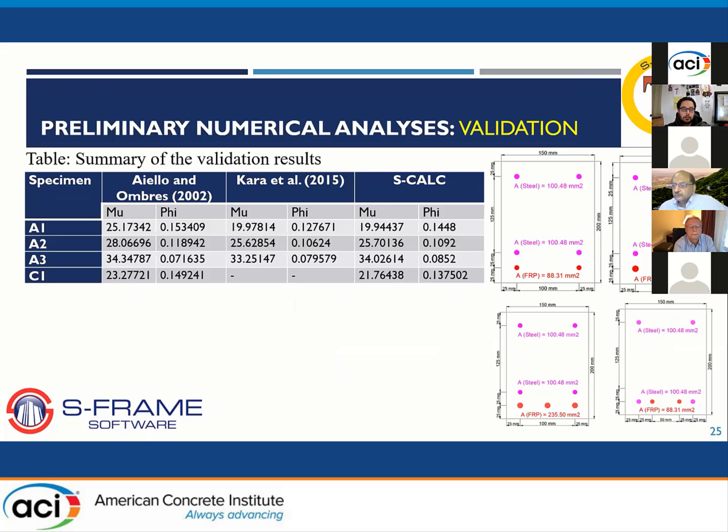We looked in the literature and found hybrid sections for reinforced concrete beams reinforced by both steel and FRP, as we can see in the sections provided. This has also been numerically validated in the literature by Kara et al., 2015, and we used S-CALC to validate that as well.